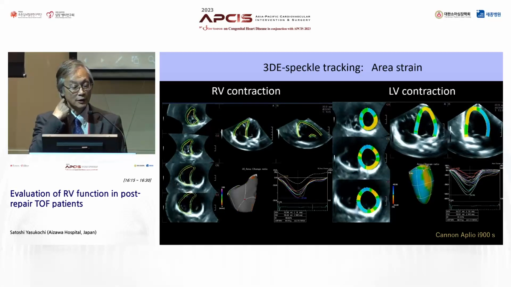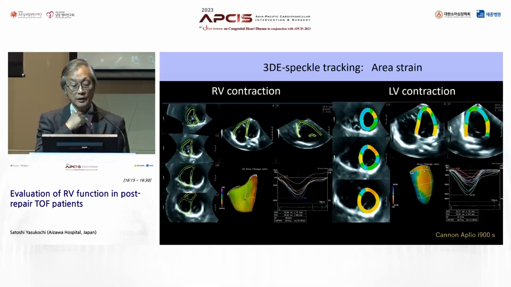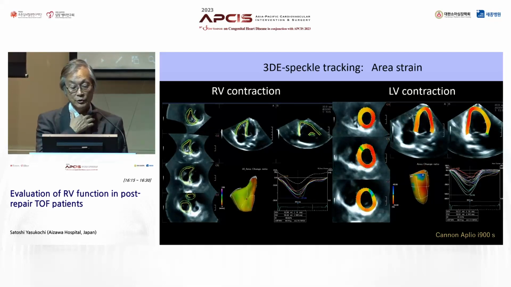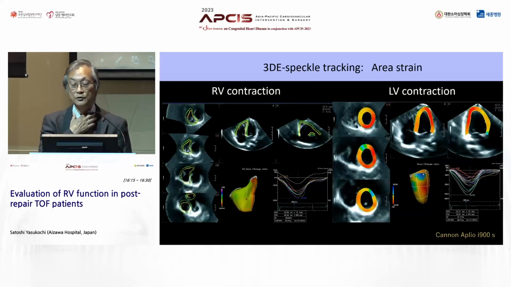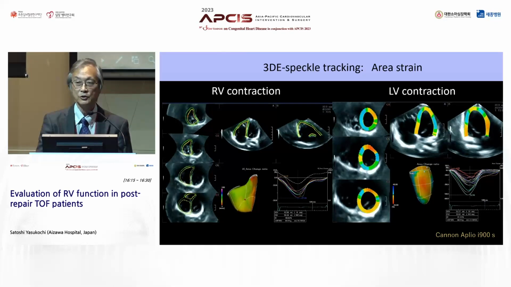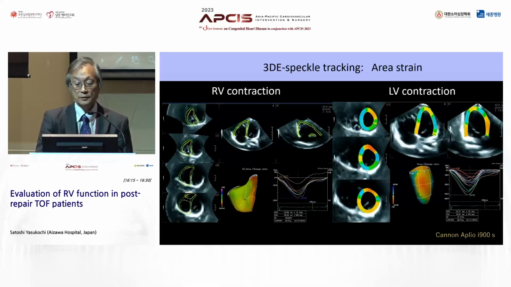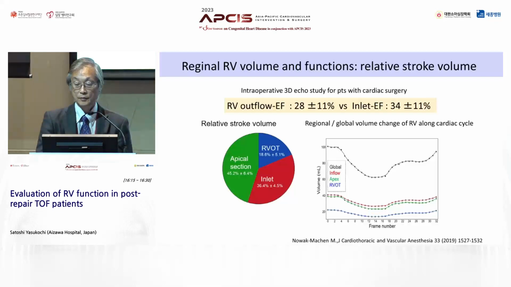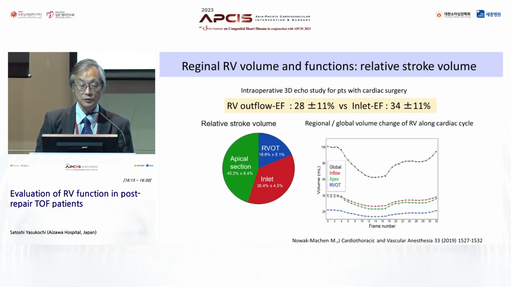This can also be observed in 3D echo speckle tracking. The left side is the RV contractions and the right side is the LV contractions. You can see the difference in the contraction mode between the two ventricles by 3D echo. The RV has three parts, so regional RV volume and function was also studied.